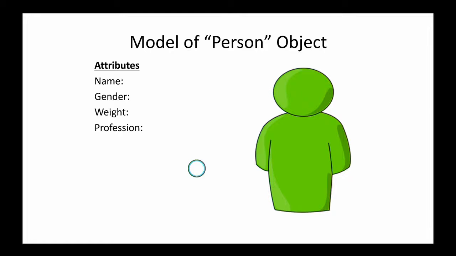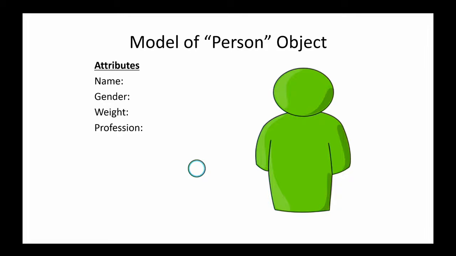One attribute could be the name, the other one could be gender, whether it's male or female, and the other one could be his weight, and another attribute of this person could be his profession. So we've listed 4 of the attributes of this person.